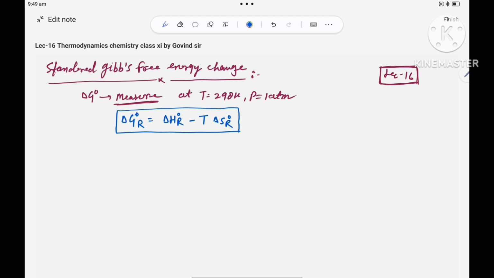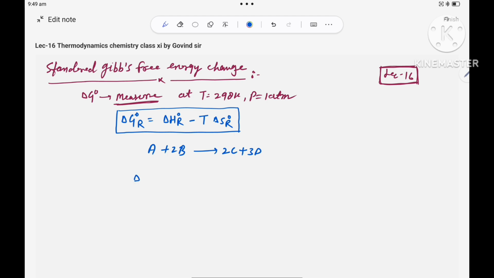Okay, so delta G R naught, that means standard Gibbs free energy for reaction, is equal to standard enthalpy of reaction minus T delta S R, standard entropy change of reaction. Suppose any reaction is given, A plus 2B gives 2C plus 3D.